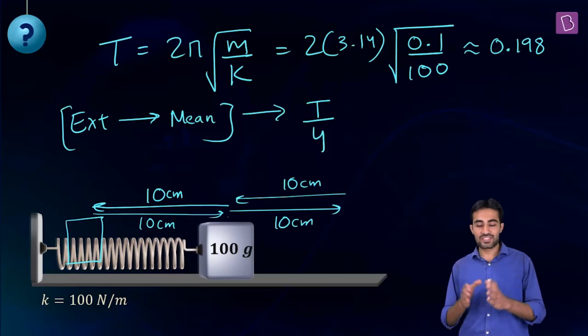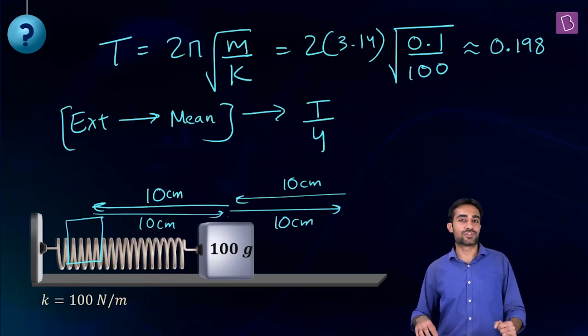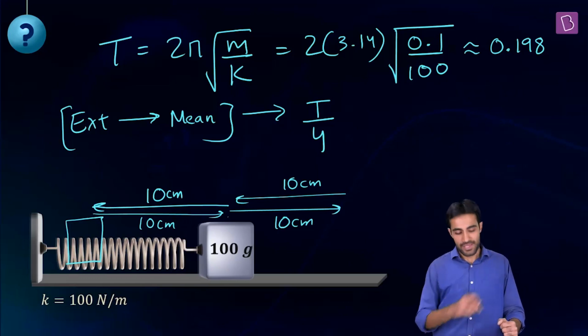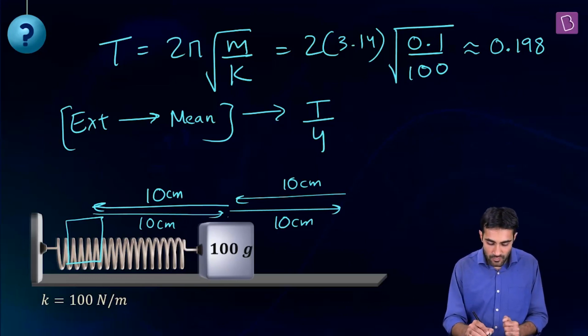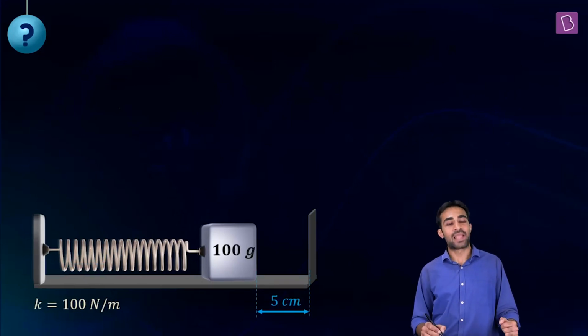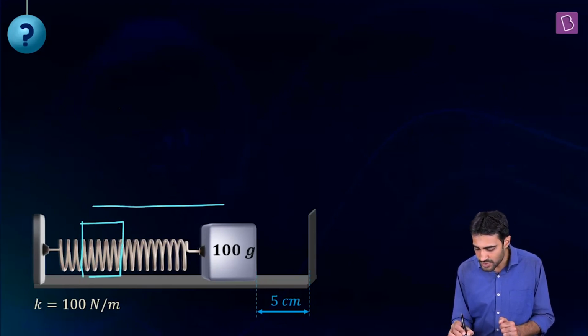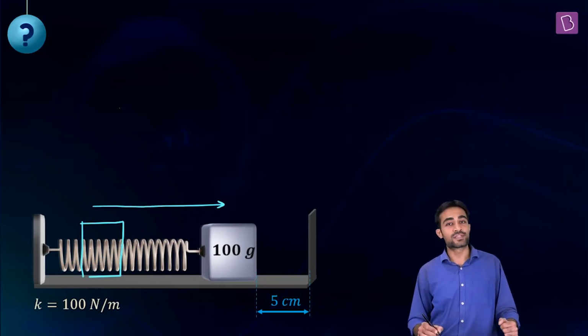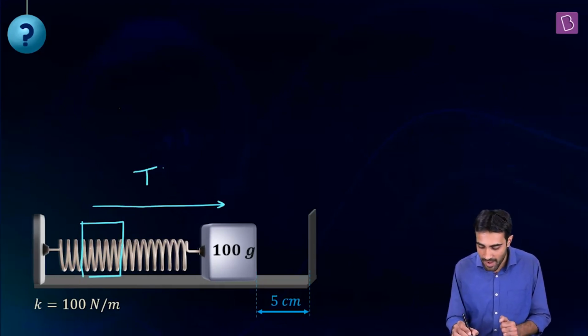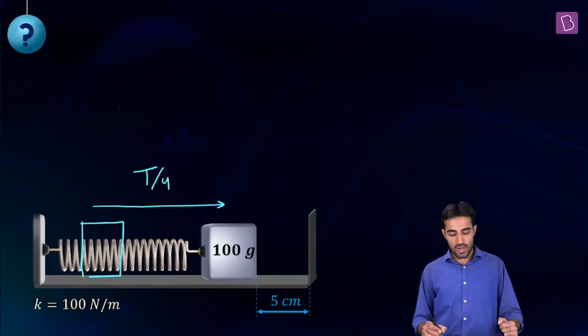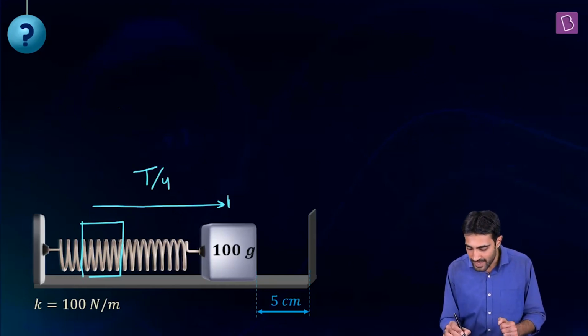Now, let's go to our original situation in which we had a wall. If there is a wall, what would happen? Let's see the motion from this position. The block will move from this extreme position to the mean position. The time taken is T by 4. Now, from the mean position, when the object reaches the wall, let the time taken be t naught.